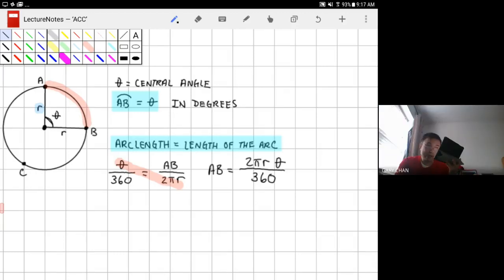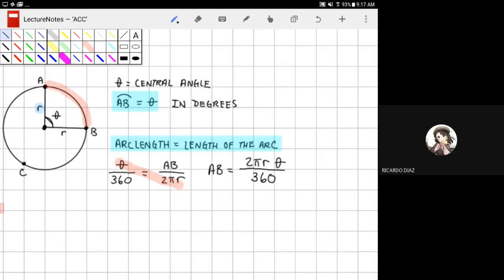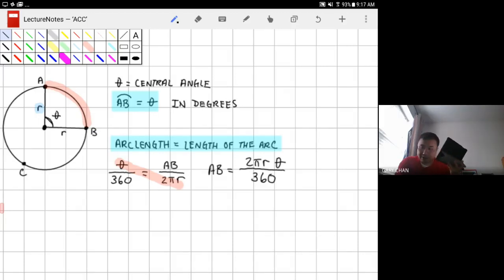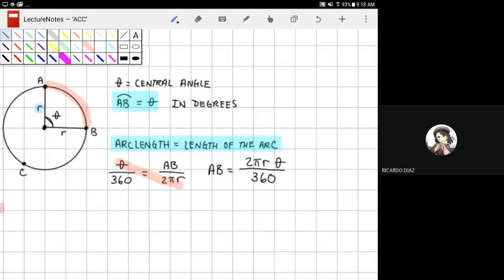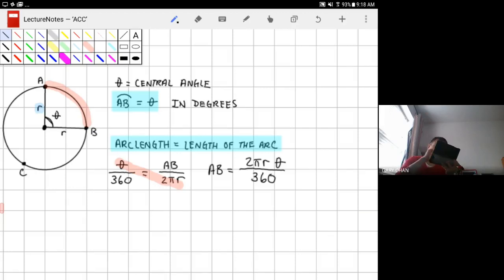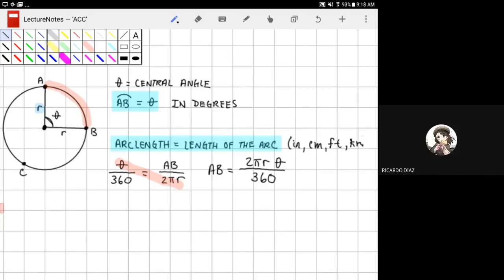That's right. So I need you all to be perfectly clear on this. The arc length is not going to be in degrees. Arc length is going to be some unit of length. So it could be things like inches, centimeters, feet, kilometers.